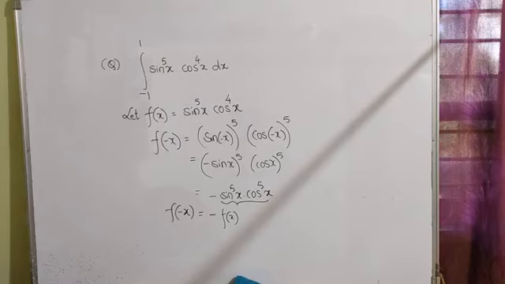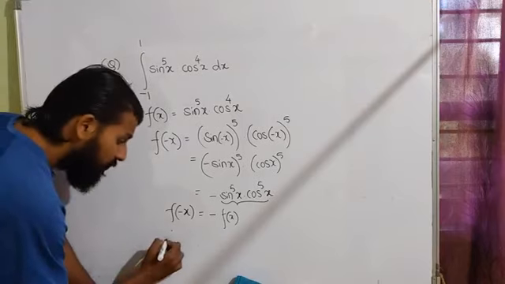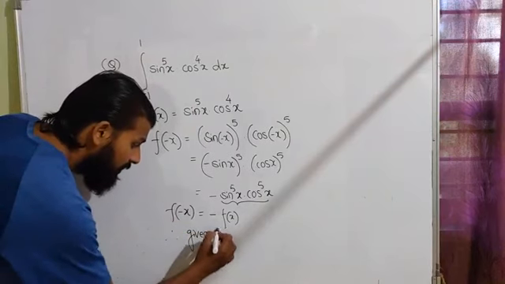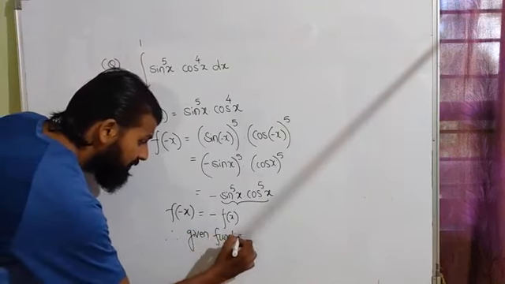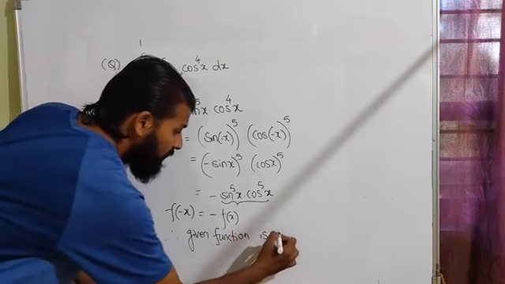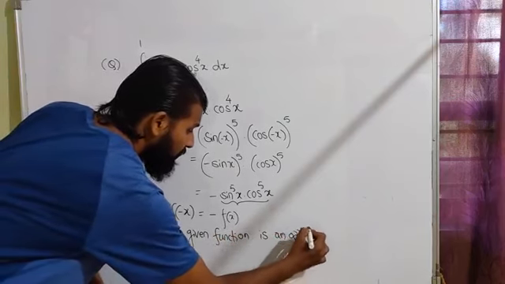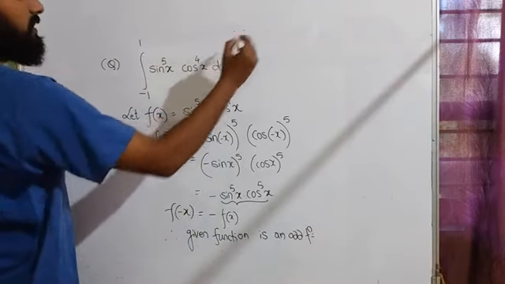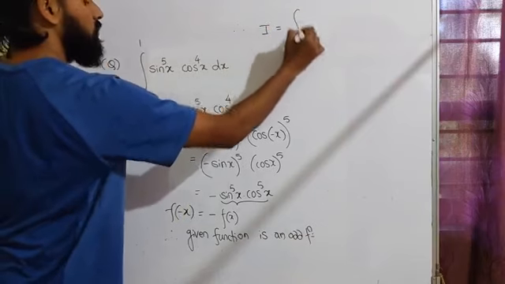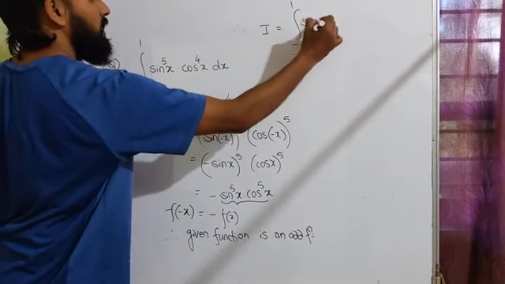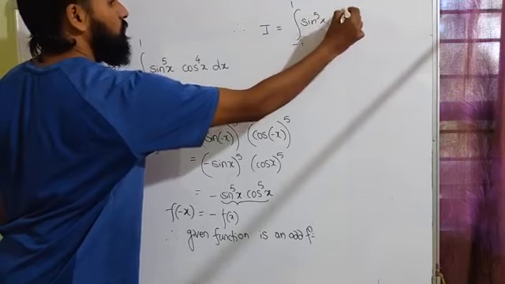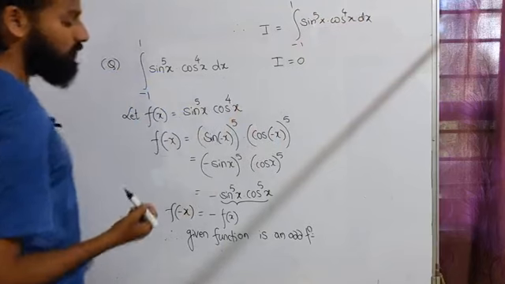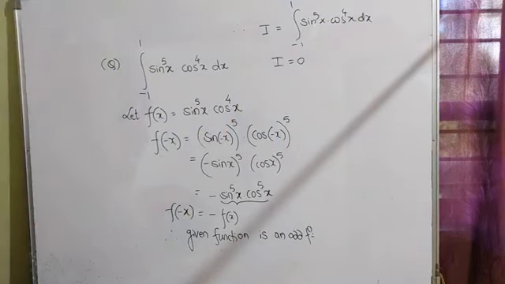From this I can conclude that the given function is an odd function. Therefore the final answer, if you call it I, which is the integral from minus 1 to 1 of sine raised to 5x into cos raised to 4x dx, is equal to 0. This has to be written in the answer, my dear friends.